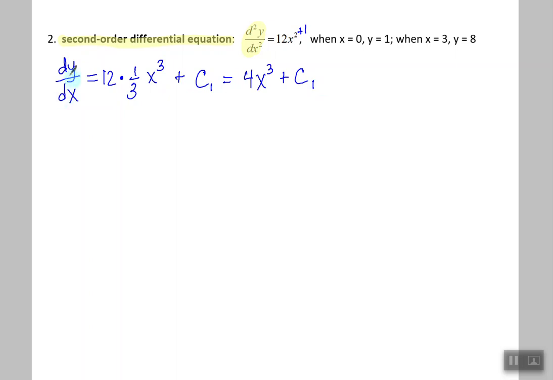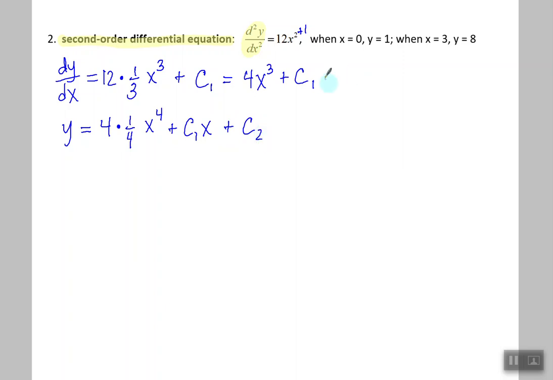The antiderivative for dy/dx, y, equals, looking at this, 4 multiplies the antiderivative of x cubed, where we add 1 to the exponent, get x to the 4th, and multiply by the reciprocal of the new exponent, 1/4. The antiderivative of a constant, c sub 1, is the constant times x, and then we have our next arbitrary constant, c sub 2.